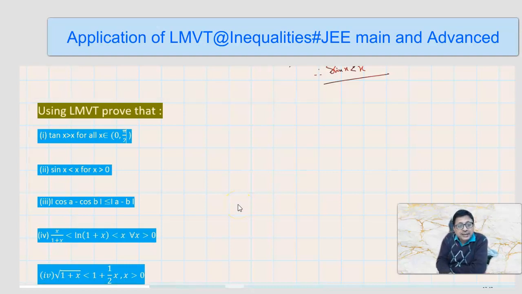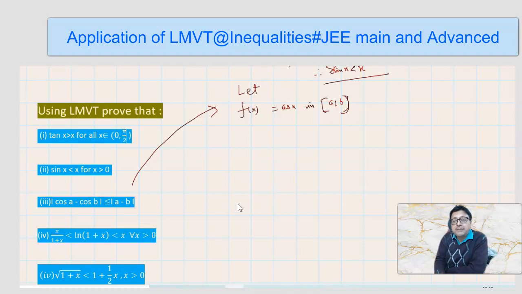So we are taking the function f(x) equal to cos x in the interval A comma B. This is a closed interval, of course. Now in this interval, what form should Lagrange's mean value theorem take?